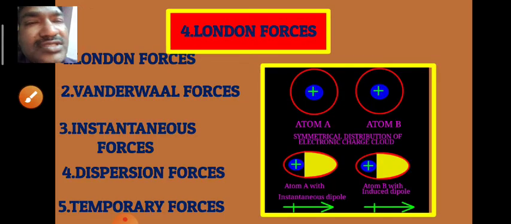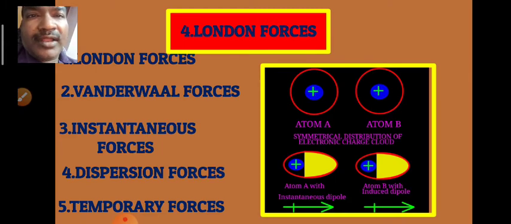And the fourth one is the London forces. These forces are also called the van der Waals forces, as they were discovered by van der Waals. London forces or van der Waals forces are also known as the instantaneous forces. That means these are not permanent attractions.